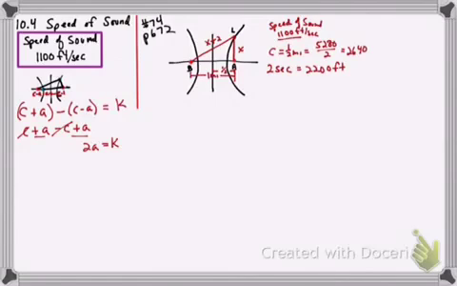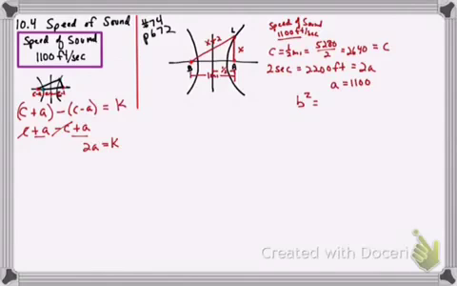That's how far the sound traveled to reach him 2 seconds later, or that's the difference between the two. And so that equals our constant difference of 2a, meaning a equals 1100. Okay, so we have C, we have A, and now we just need to find B.